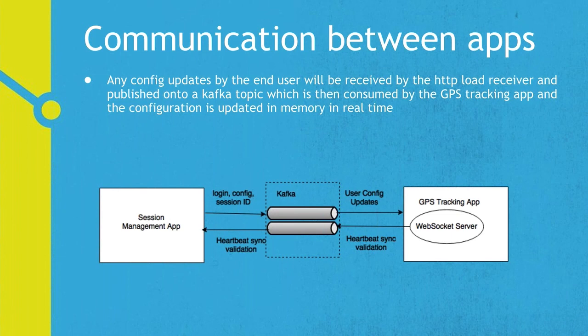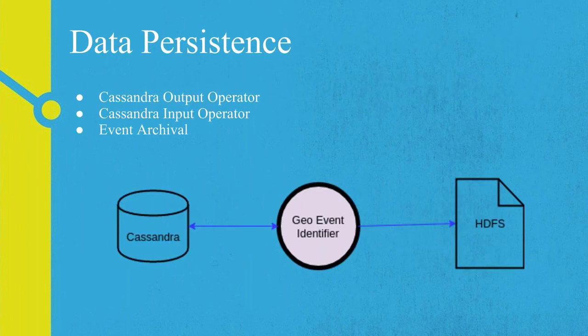At the same time, suppose a user is no longer active, or the connection is broken on the WebSocket server; we need to inform the session management app, so it can bump the user out of the system. On the next request it receives, it will log the user out from both the web and the mobile clients.